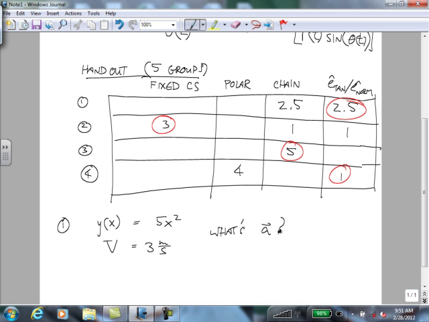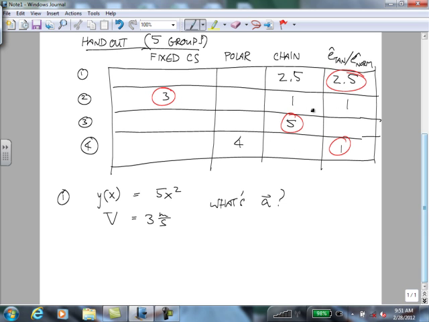So what are the things that give away? These are exactly the two top choices I would hope you would come up with. What gave that away? What I'm looking for here is that you don't have a time in there. Everything's a function of position, okay?